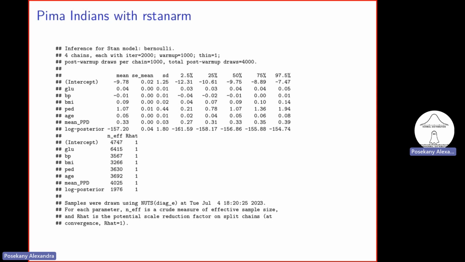What it automatically does is provide you not just with the mean and the standard error of these means, but also with the quantiles of the posterior distribution. To give you a good impression, the median as compared to the mean, the 25 and 75% quantiles, and also the 95% highest posterior density interval.